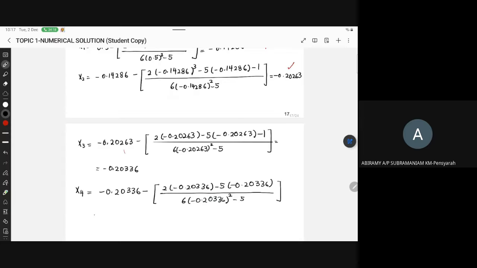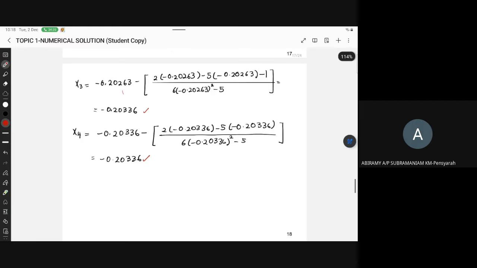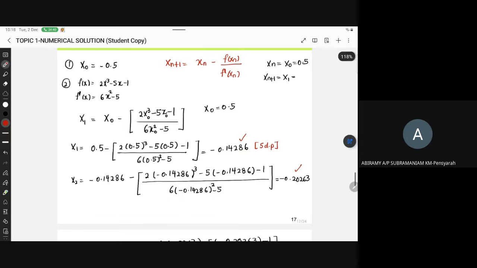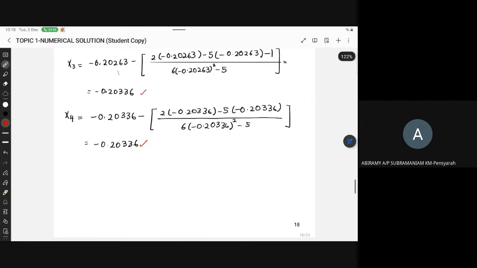For x4, you will be getting negative 0.20336. Finally, we are getting the same value, which means this is already the root, very near to the exact value. Before this, the difference was very large, so it was still not the exact value. Once the difference is very small, for example x3 and x4 are the same value, it means there is no difference.